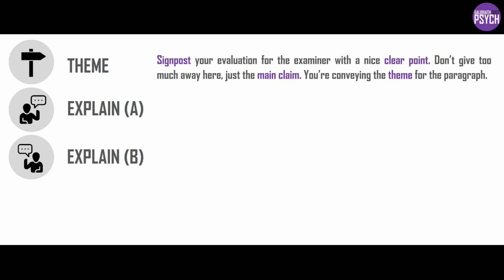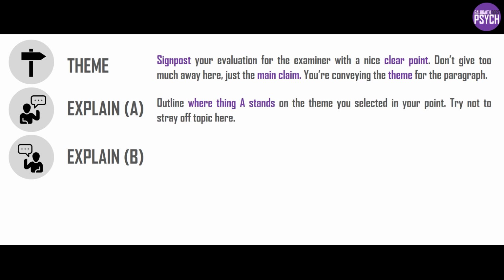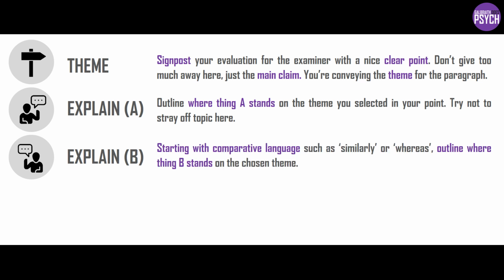You're then going to explain what thing A does or says about your point. And you're then going to explain what thing B does or says about the theme that you've chosen. But in the middle of the two explain points, you need to use comparative language. So that's things like similarly, whereas, on the other hand, in contrast. Think back to your English lessons lower down the school.